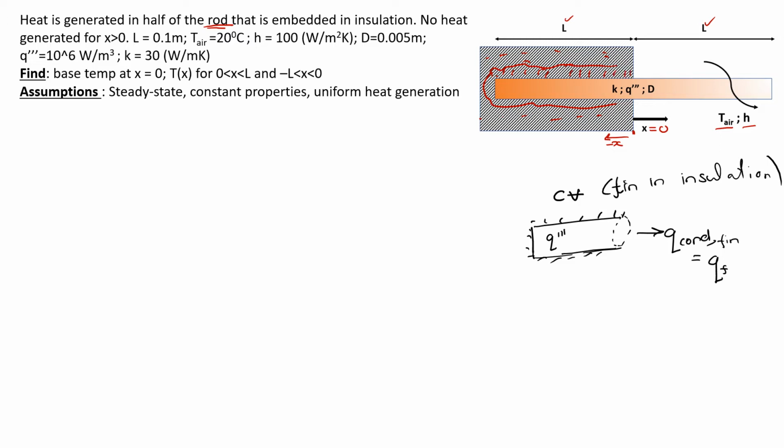So only the part inside the insulation has Q generation, whereas Q triple prime outside the insulation is 0, and Q triple prime inside the insulation is given to be 10 to the power 6 watt per meter cube. Okay, the thermal conductivity is given to be 30.